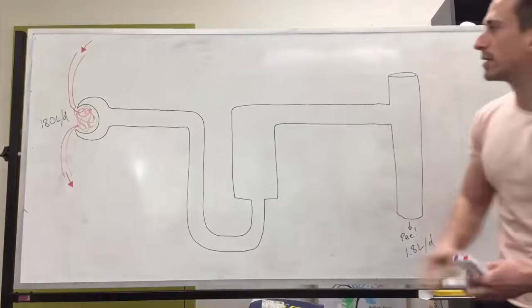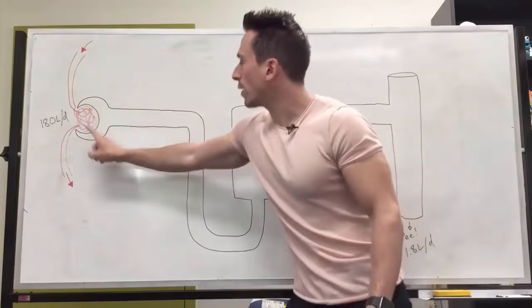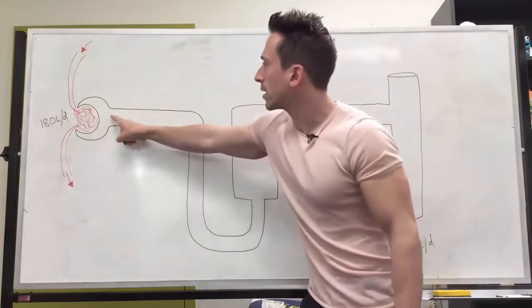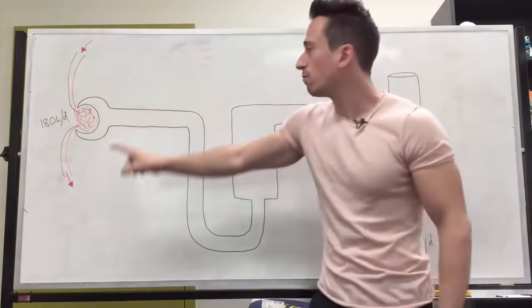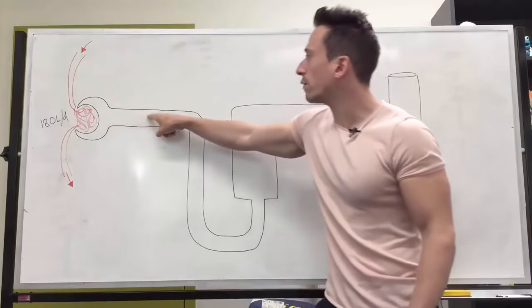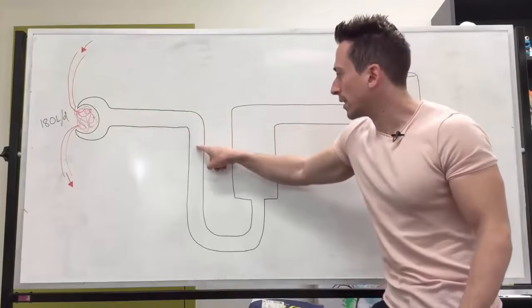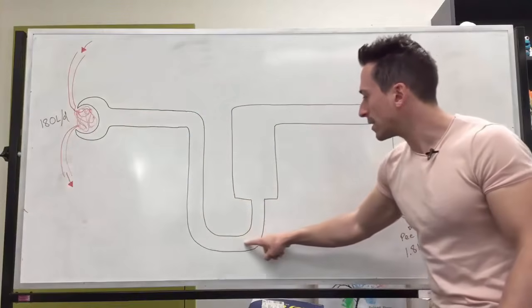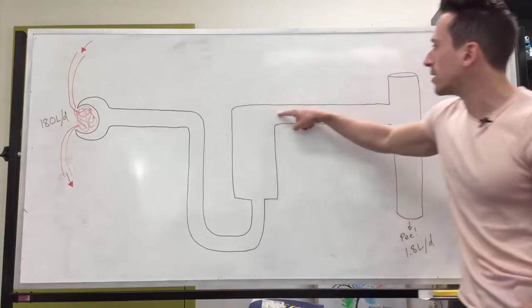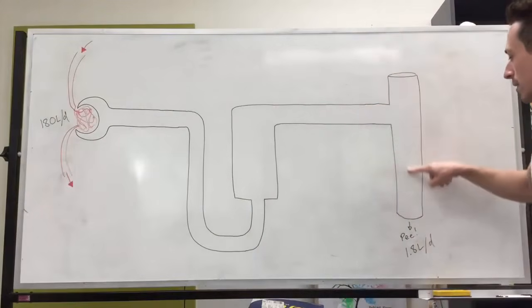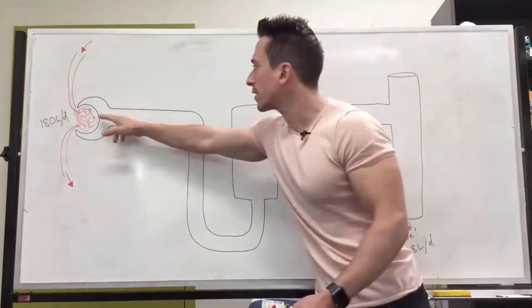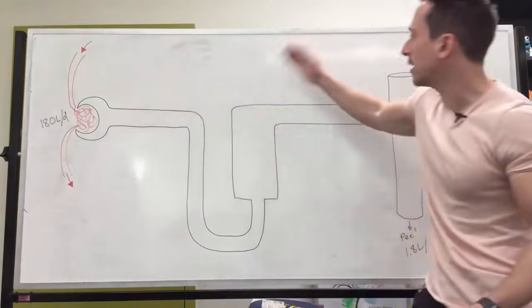So what that means is, throughout this process, going from the glomerulus to the capsule, so that's called the glomerular capsule, through what we call the proximal convoluted tubule, the descending limb of the loop of Henle, the ascending limb of the loop of Henle, the distal convoluted tubule, and the collecting duct, 99% of the stuff that gets filtered needs to be thrown back into the bloodstream.